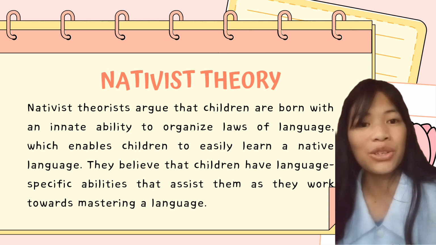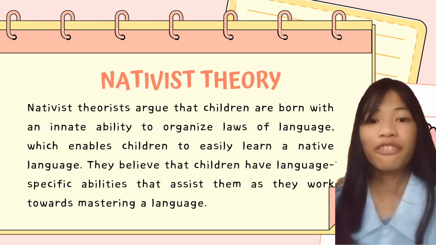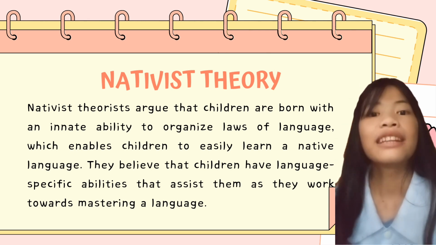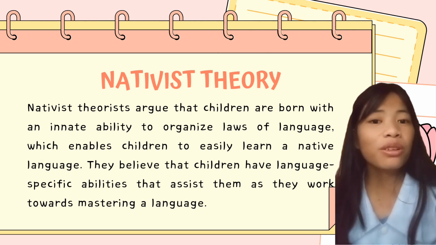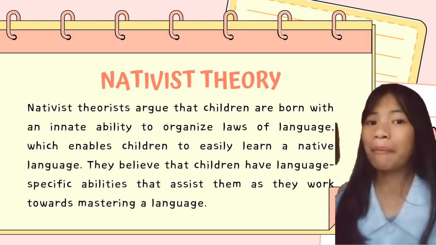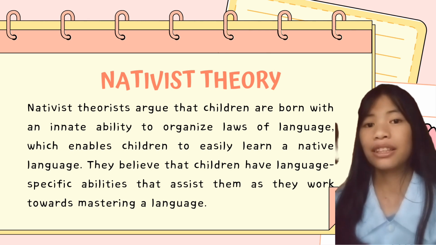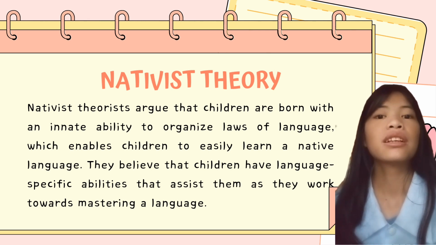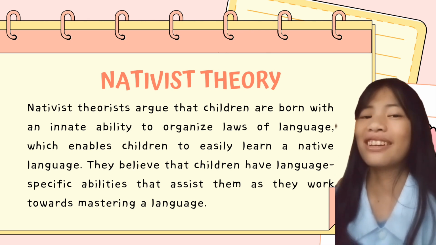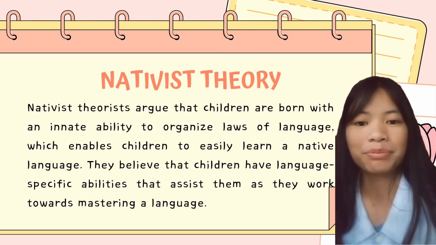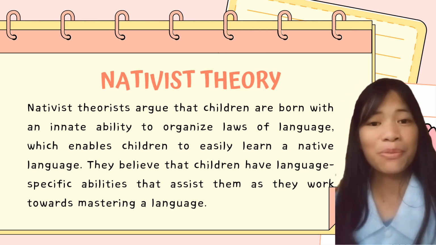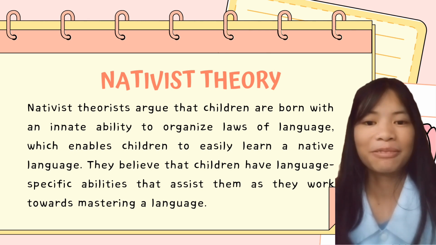According to the nativist theory, kids learn fast because of this tool, not just by copying what they hear. But some people disagree, saying that what kids hear is also very important. So let's move on to the next slide.